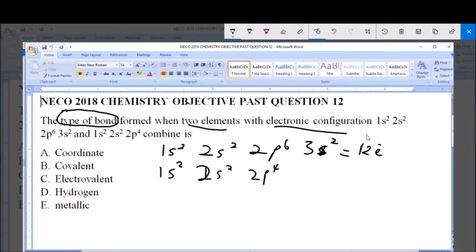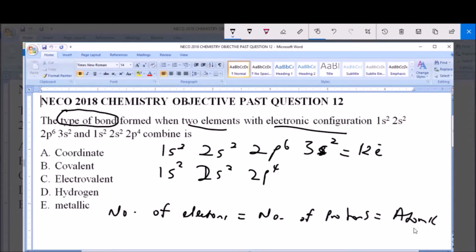And the number of electrons is equal to the number of protons, and the number of protons is equal to the atomic number. So if an element has 12 electrons, it means it has 12 protons, and its atomic number is 12, and atomic number 12 is magnesium.